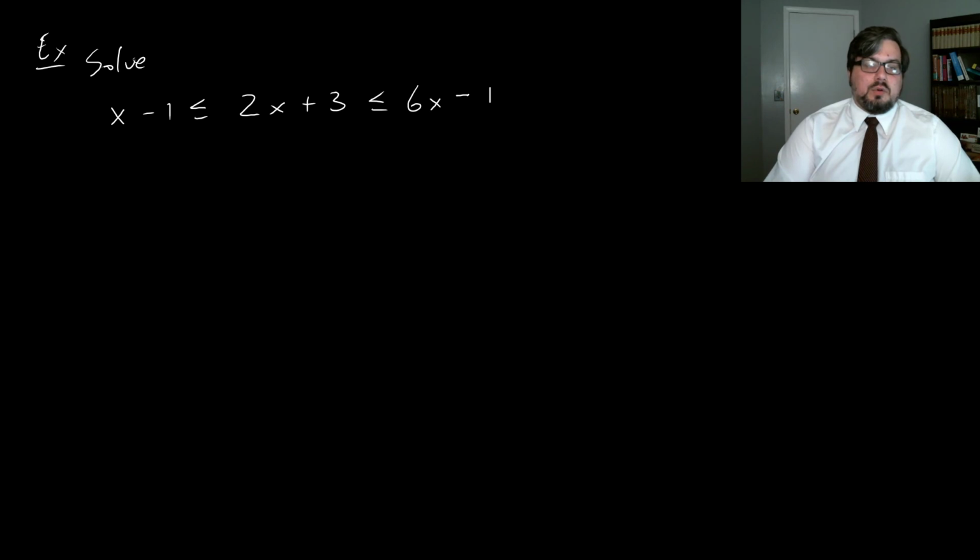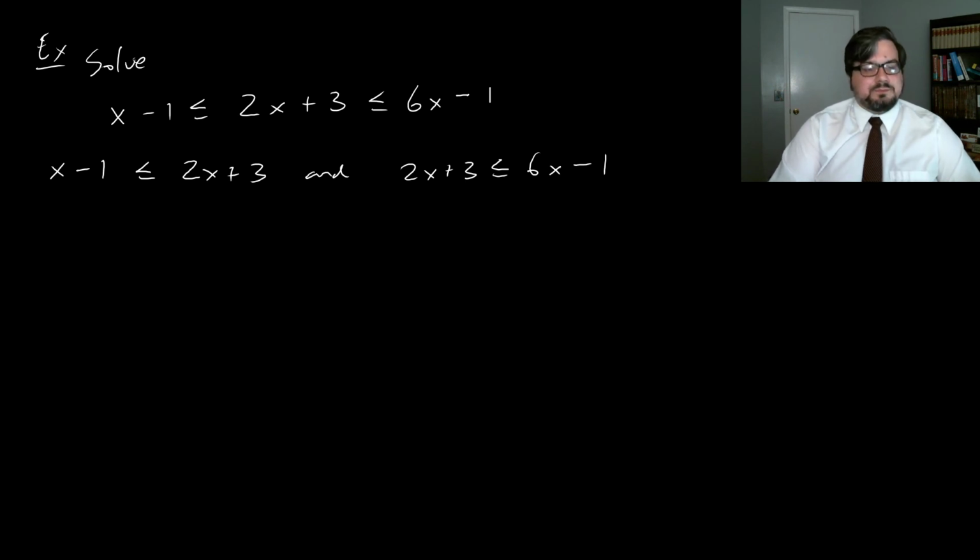Let's work this out the same way. Again, we're not going to be able to solve for x in the middle, so we're going to split it up. So this becomes x minus 1 is less than or equal to 2x plus 3, and 2x plus 3 is less than or equal to 6x minus 1.